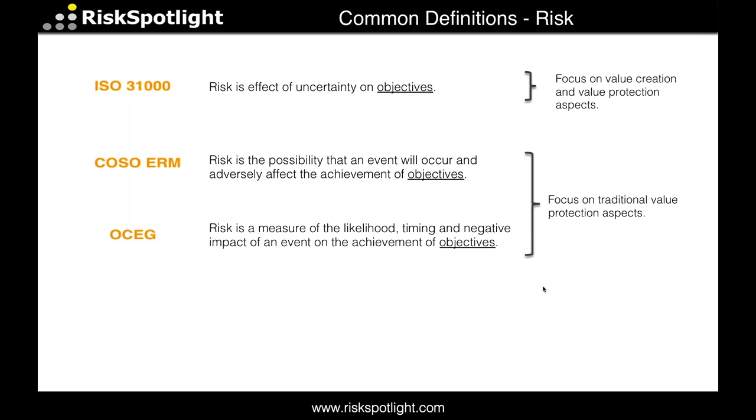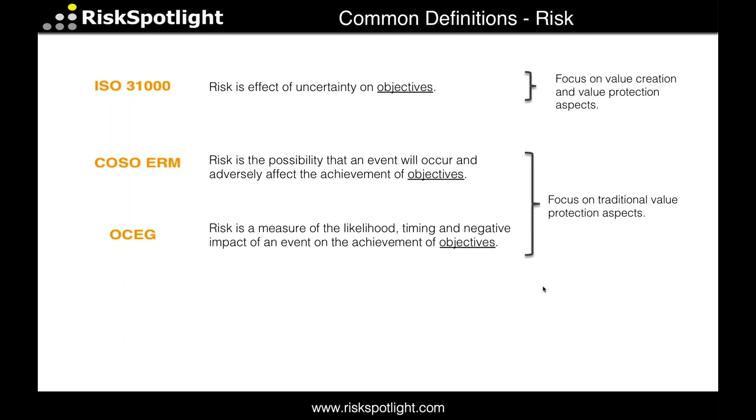So both COSO and OCEG are focusing on the more traditional way in how we have looked at risk, where we've always looked at risk from a negative perspective. And ISO 31000 offers a much broader definition, where it focuses on both the value creation and the value protection aspect. So it doesn't say that risk is only something bad.